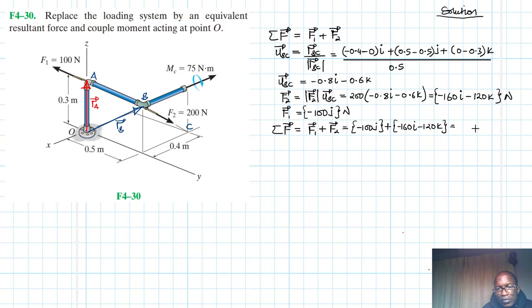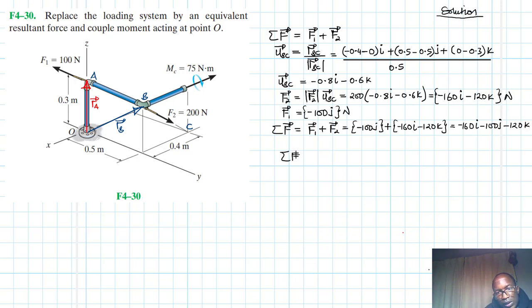When we sum up these forces, we'll have minus 160 I, then we'll have minus 100j, then we'll have minus 120k. So we have the resultant.